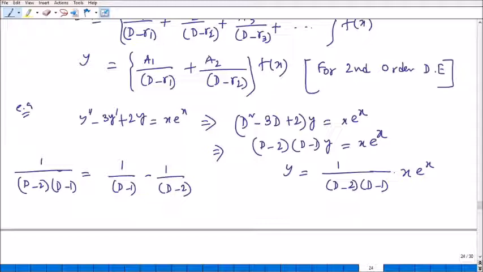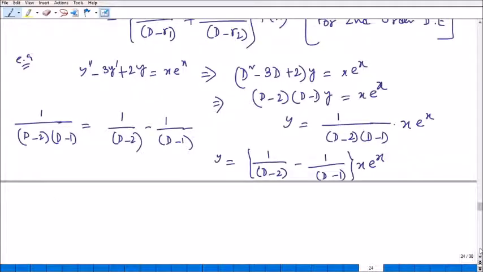Sorry, it would be 1 by d minus 2 minus 1 by d minus 1. So it can be written in these partial fractions. So we can write that y equal to 1 by d minus 2 minus 1 by d minus 1 operating on x e to the power x.